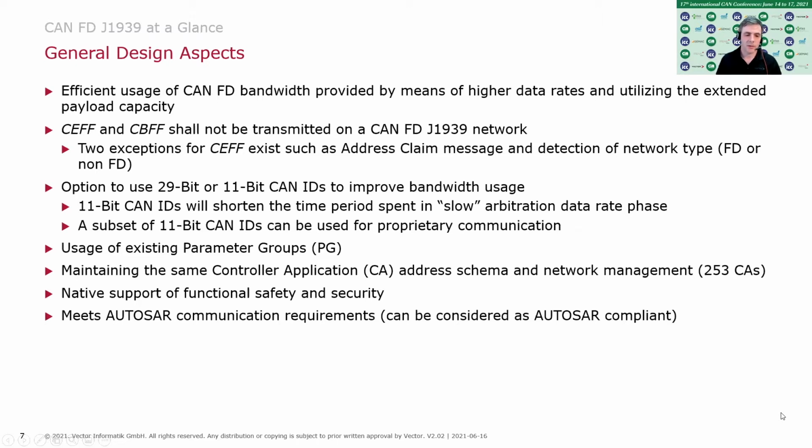One consequence is that we maintain the same controller application address scheme. Today, the address scheme is limited to roughly 254 nodes. And so we did not extend this address scheme, which may lead to the situation that you still have to do dynamic network addressing even with the CAN FD protocol approach.